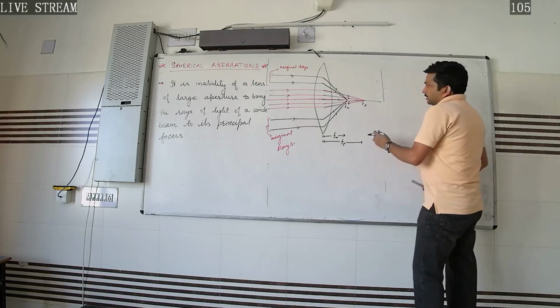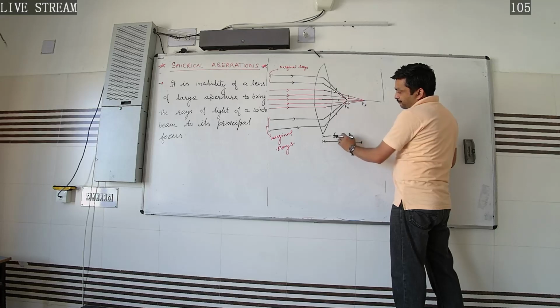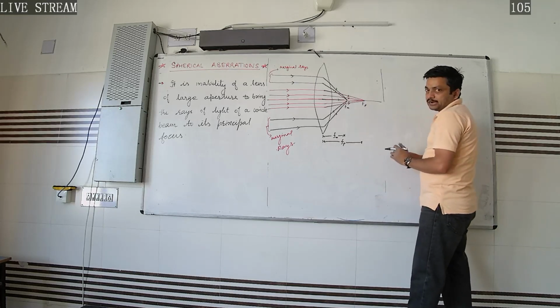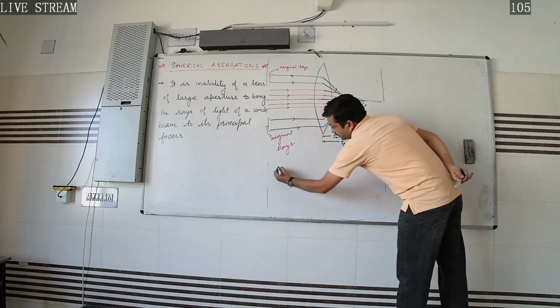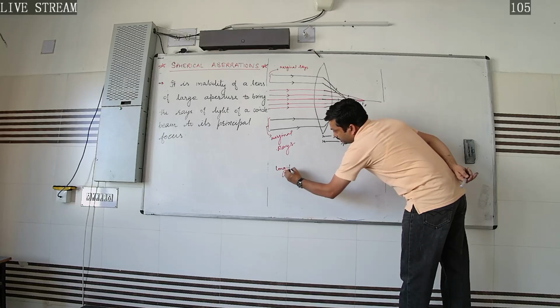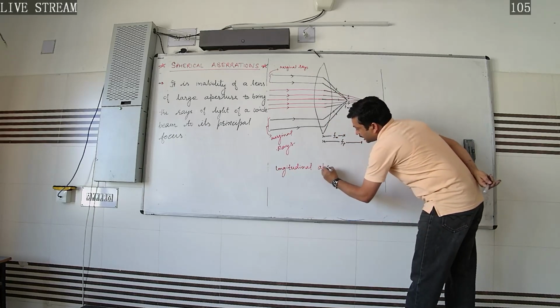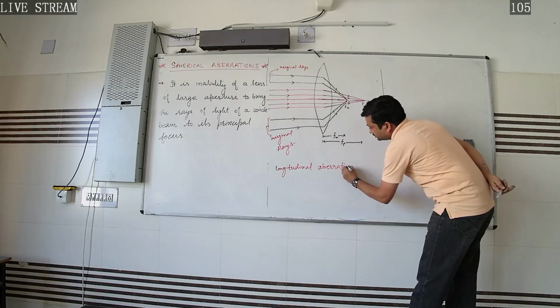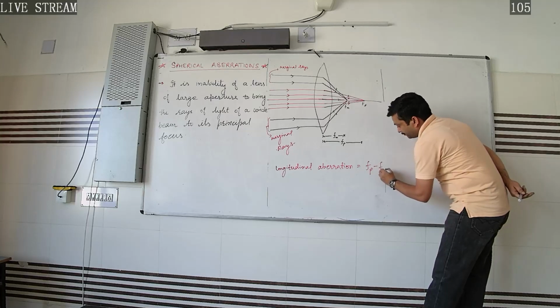Now the difference between these two focal lengths, that is Fp minus Fm, is called the longitudinal spherical aberration. So we can write this longitudinal spherical aberration as Fp minus Fm.